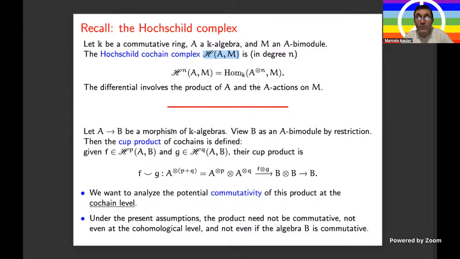If the bimodule is of this kind, coming from an algebra B viewed as A bimodule by restriction, then you can define the cup product of cochains. So the cochain complex is a ring. And it is not always commutative, but it is in certain cases.